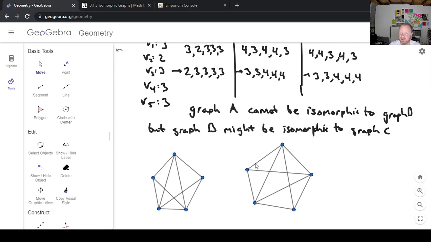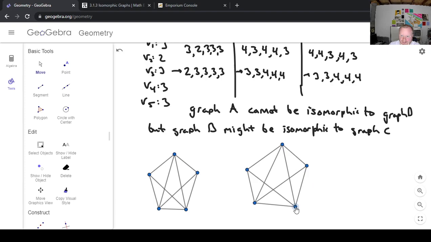And I'm going to try and put those in the same spot and see if I can arrange everything else around those two. So here's my one vertex that's got a valence of 3, and here's my other vertex that's got a valence of 3.